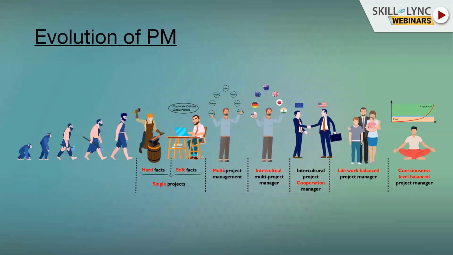The skills from various countries at the global level have been utilized, and people come and their skills are used to deliver that particular project. It has eased the process. It has also provided work-life balance to the project manager, and there is a conscious level of balance. So the fear has left, and now we have achieved happiness. So this is what the evolution of project management is.